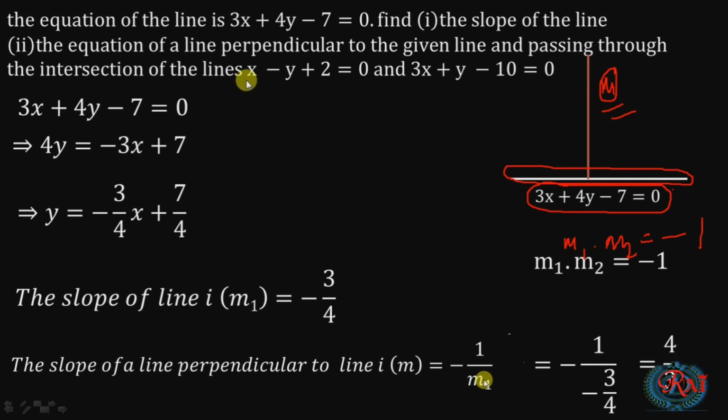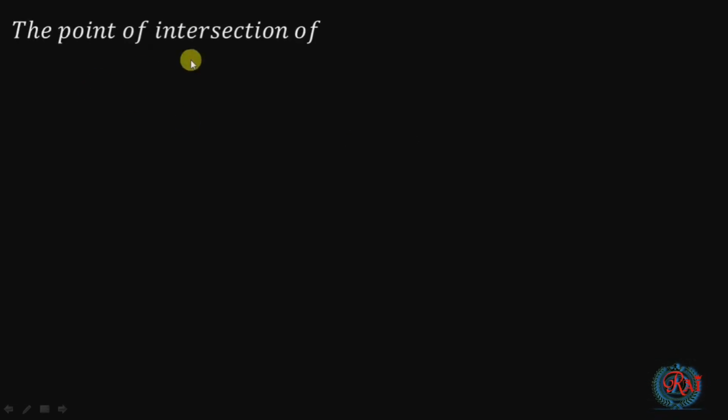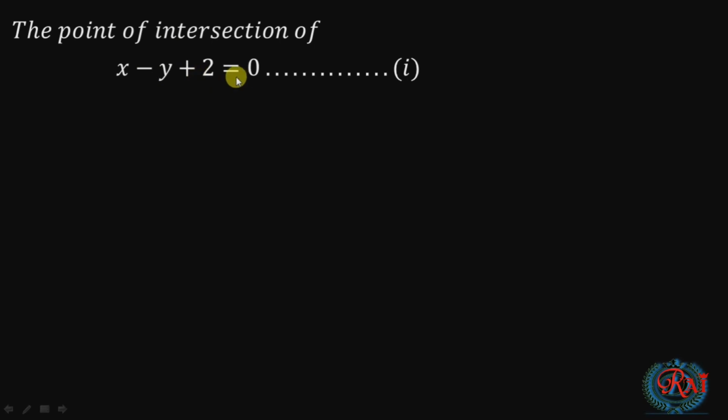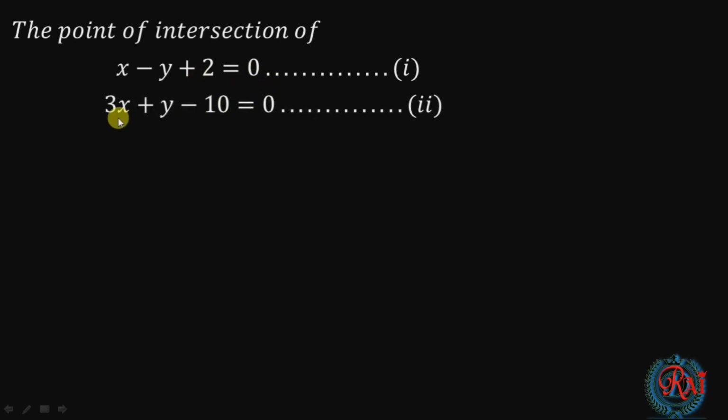Now I need to find the point of intersection of x minus y plus 2 equals 0 and 3x plus y minus 10 equals 0.